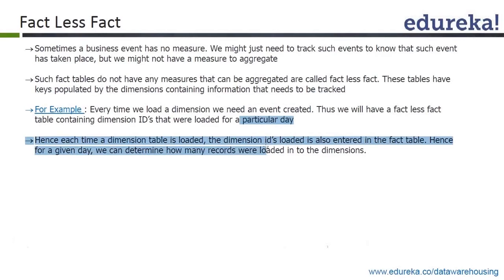So if your fact table only has keys, what exactly do you get from that fact table? You can count the number of events, like I told before.